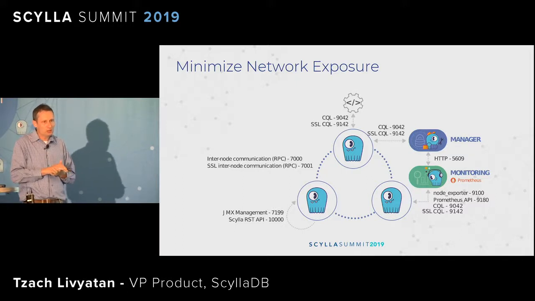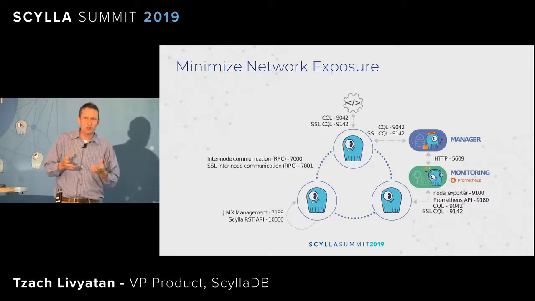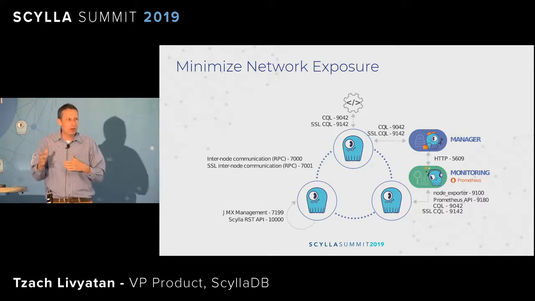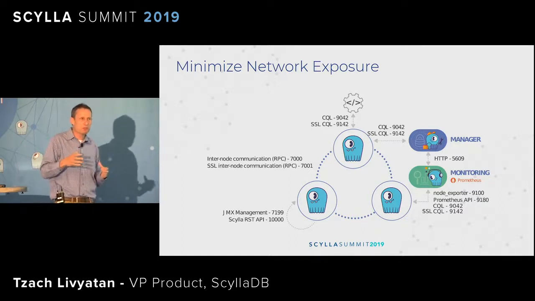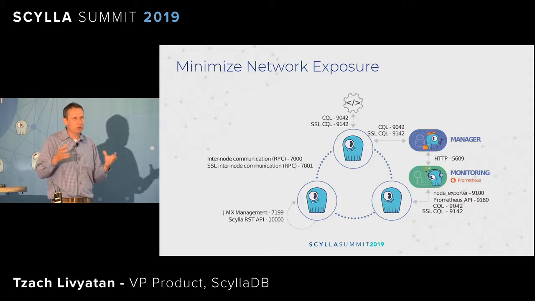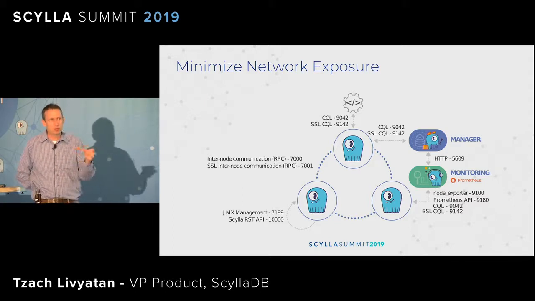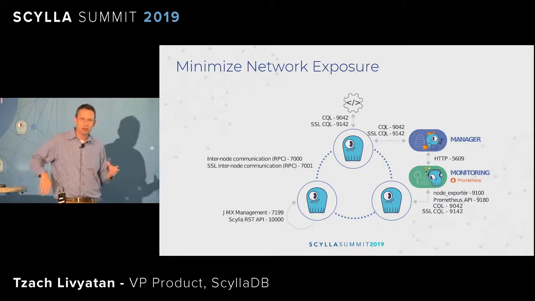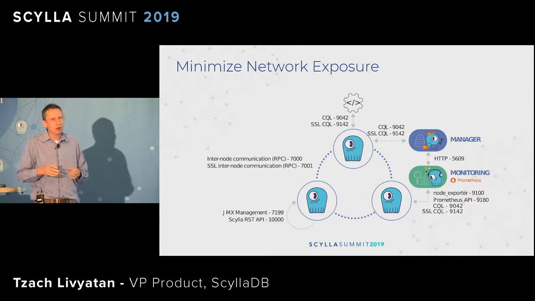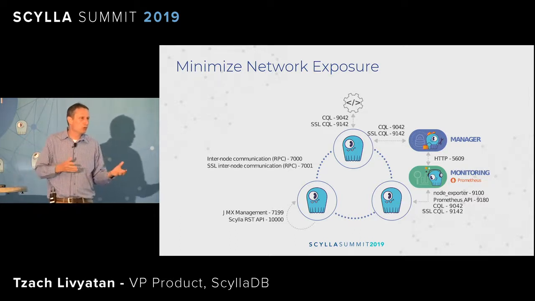And by the way, I see this on many systems: in the past you do it on installation, and after a month or two, someone adds a node, someone changes the configuration, and you are by mistake exposing IPs or ports. So I'm not going to recommend specific products or projects, but there are tools out there to validate exposure. There are also tools to manage configuration, and it's recommended to use those to control these kinds of parameters.